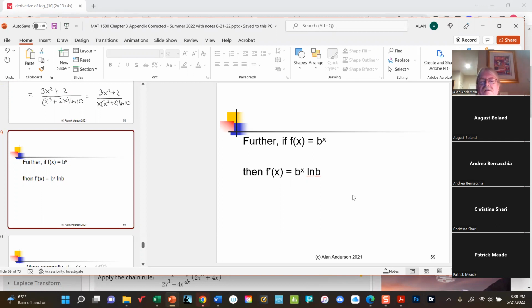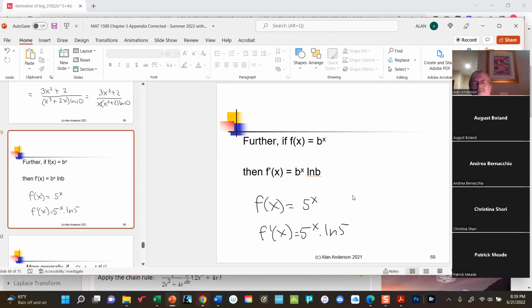So if you had something like this, then the derivative would be 5 to the x times natural log of 5. Okay, so that's very straightforward.